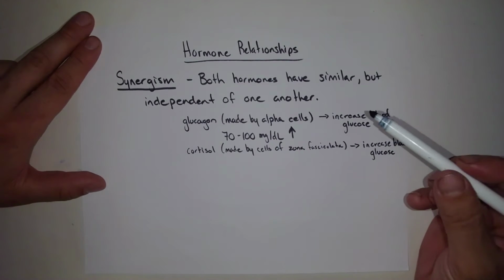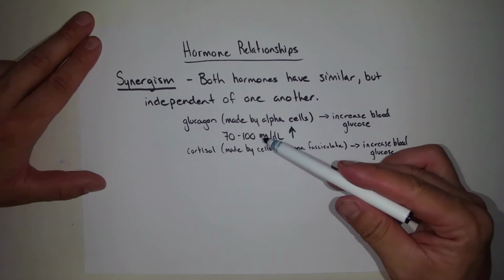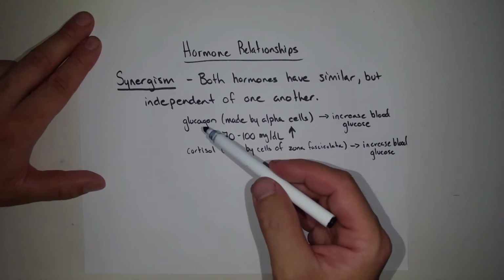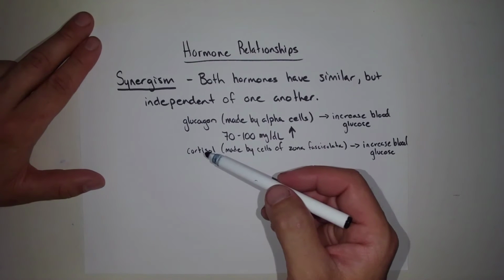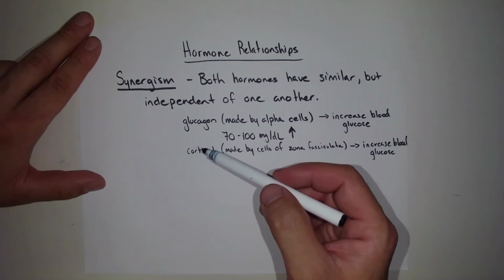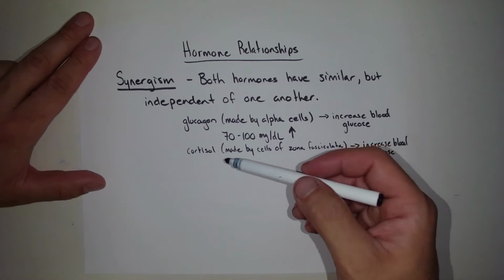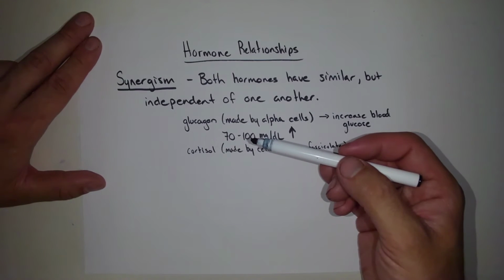Now, if we have glucagon raising blood glucose and we release some cortisol, it's going to have an additive effect. It's going to cause glucose levels to go even higher.